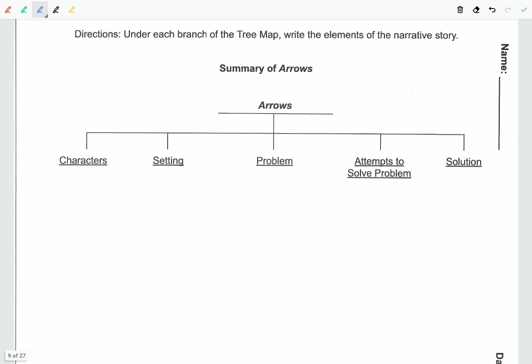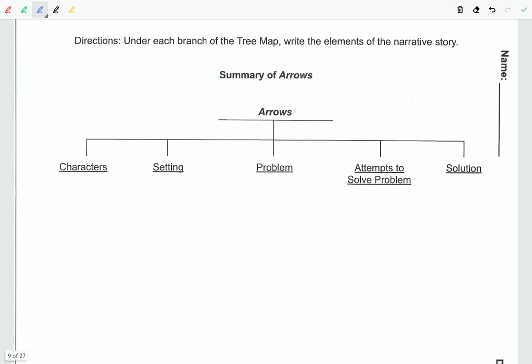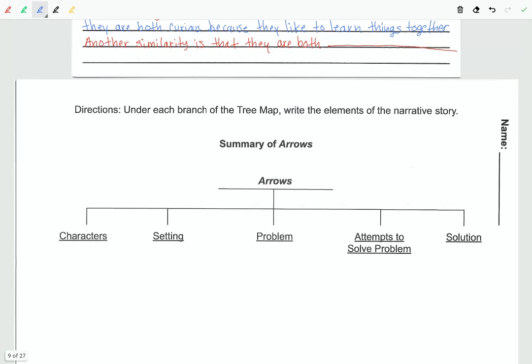And it does say in the directions page on the front of your packet to reread the story Arrows. So I have been reading those in the videos for day 1 and 2. And today I am not going to read the whole thing because that would be a super long video.